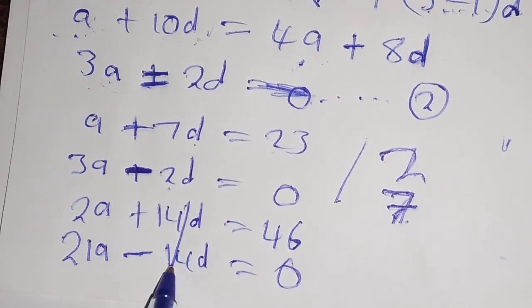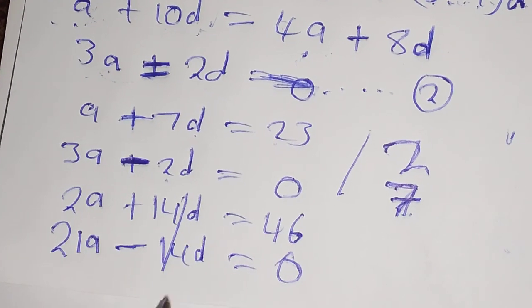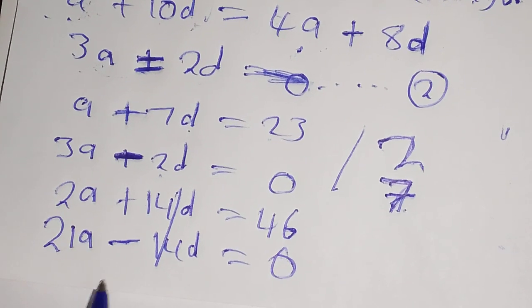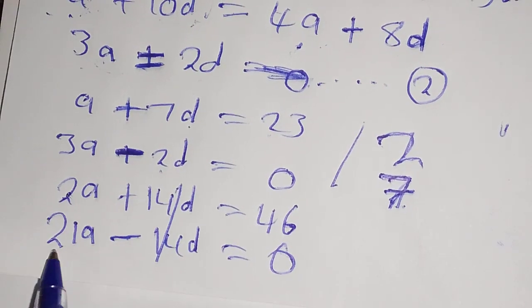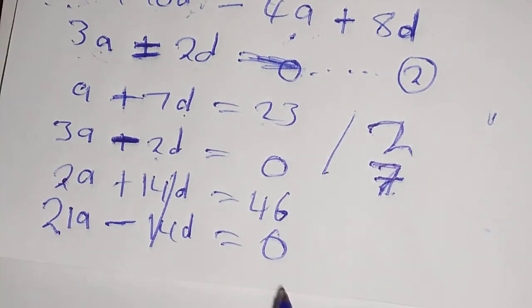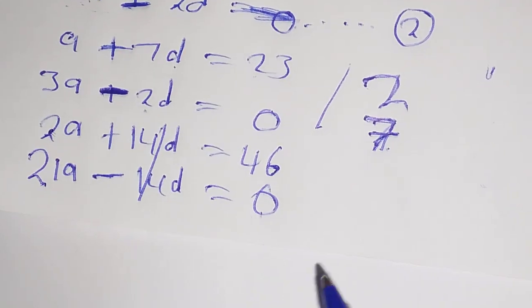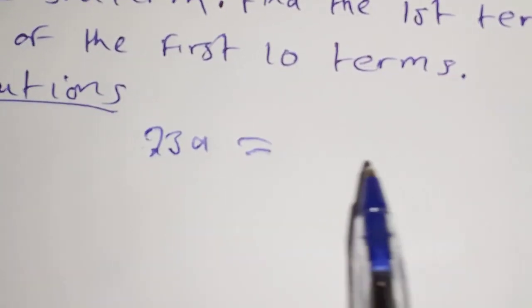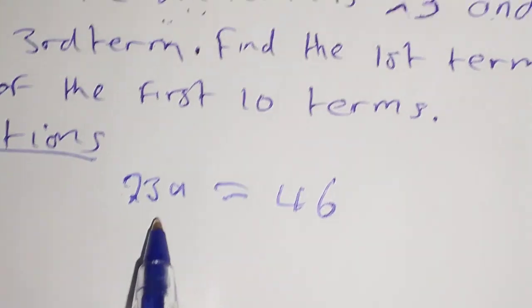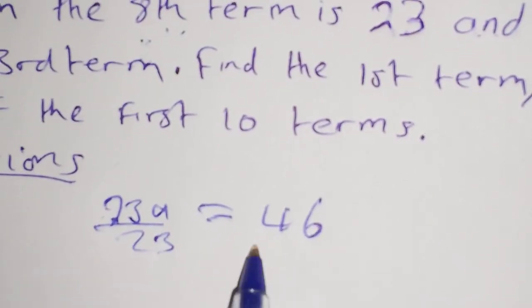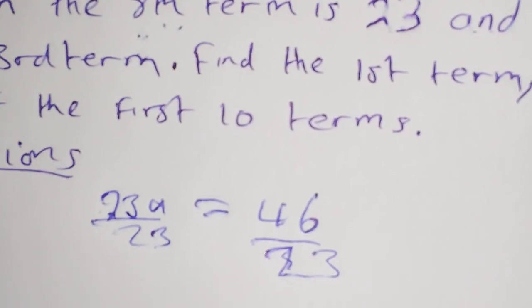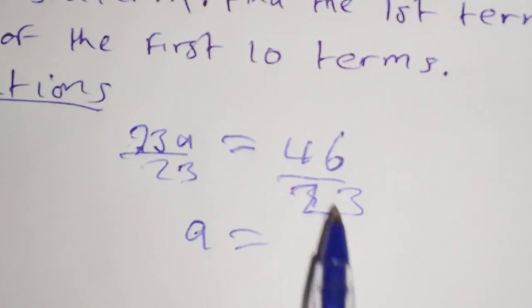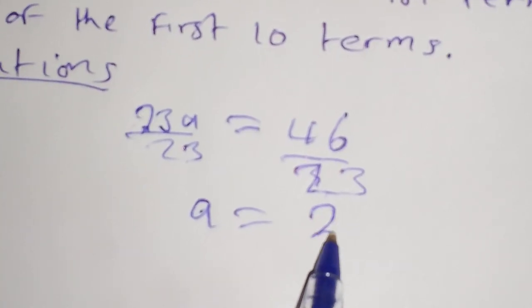You can cancel out the 14d because they are common but the signs are different. So 2 plus 21 gives us 23, then 46 plus 0 gives us 46. So we have 23a is equal to 46. Dividing both sides by 23, a is equal to 2.